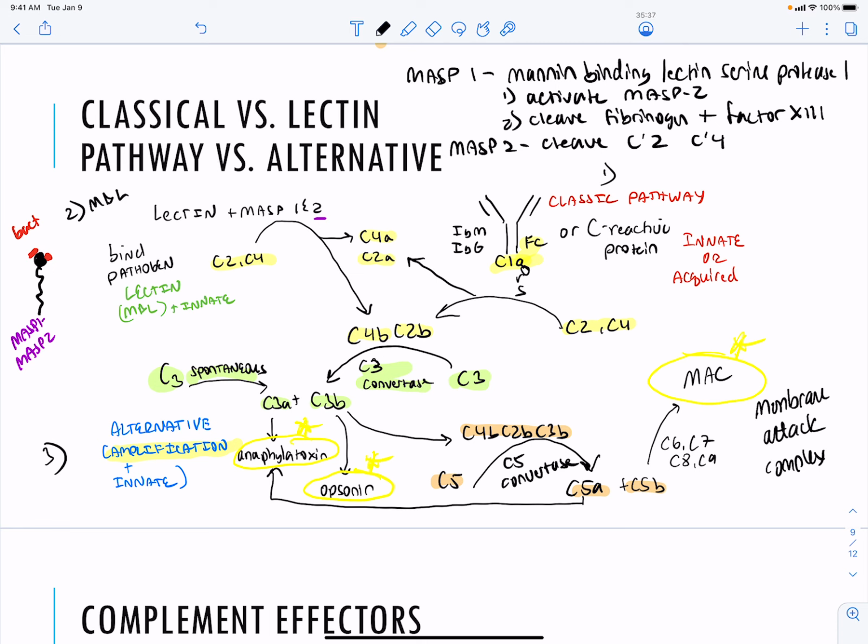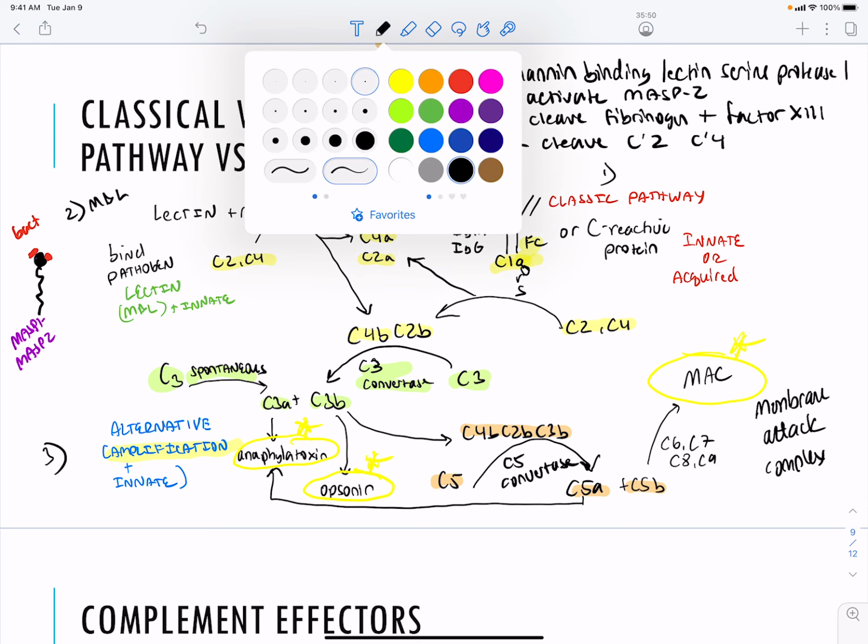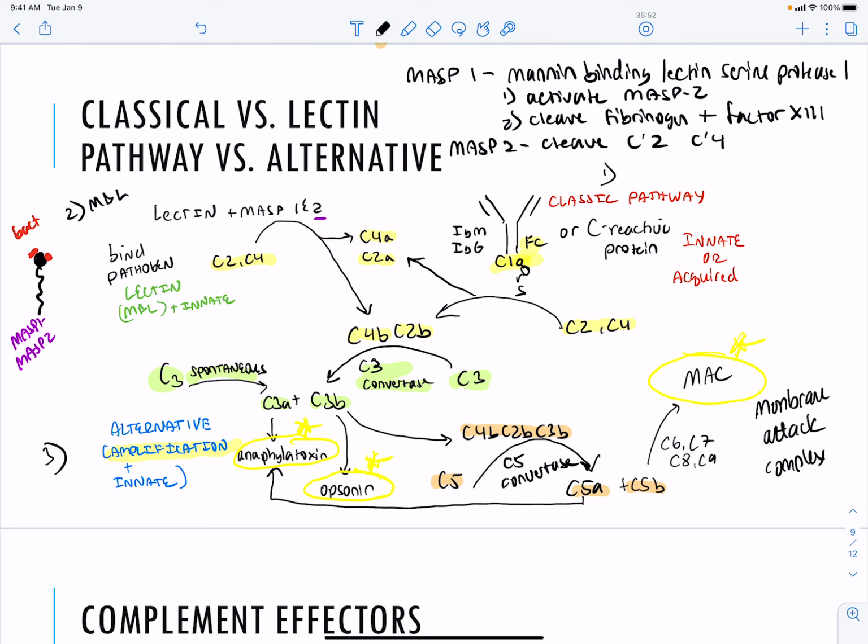Now the alternative pathway is called the amplification loop because it starts with C3. And as you can see, every effector function of complement is downstream of C3. If you draw a dotted line here, everything above that line is the activation with the classical or the MBL pathway, but there is really no effector function.